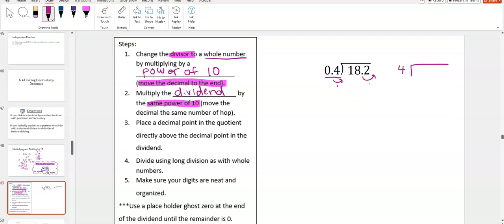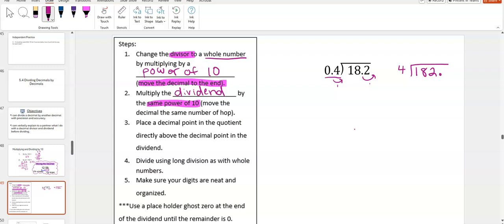If I move my decimal to the end here, I get 4, because I had 4 tenths, now I have 4. And if I move my decimal to the end here, I had 18 and 2 tenths, and now I have 182. My decimal is sitting at the end.